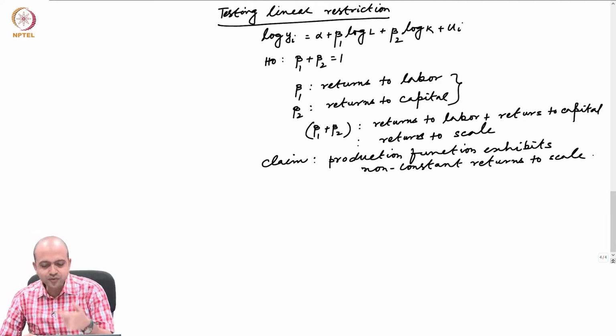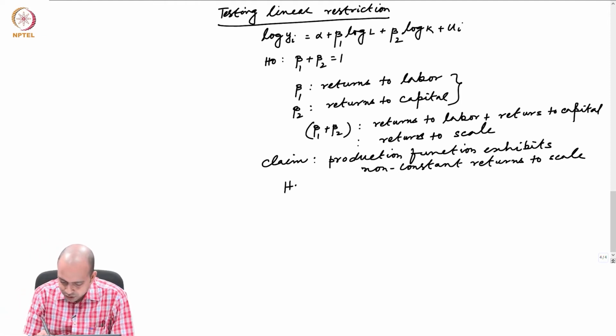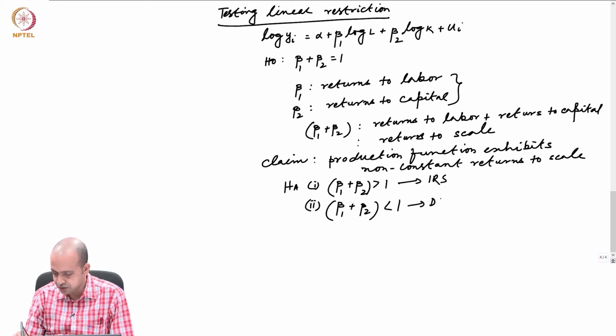When you nullify that claim, our alternatives are two types: beta 1 plus beta 2 could be either greater than 1 or less than 1, this is IRS and this is DRS.